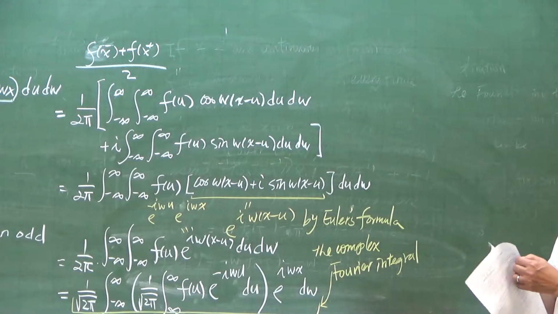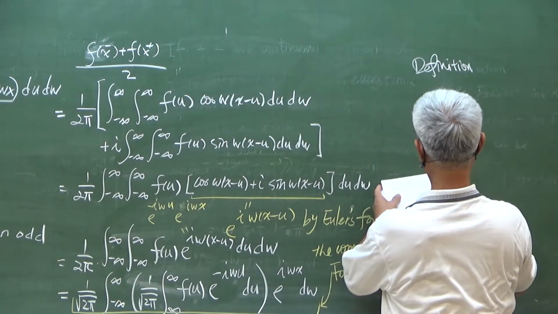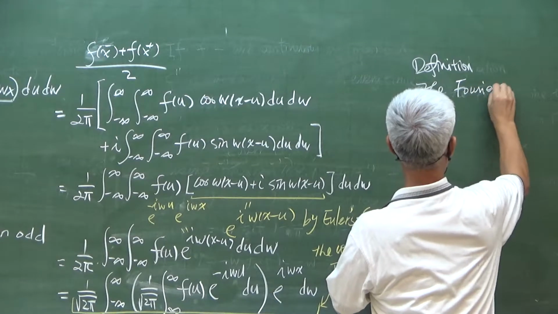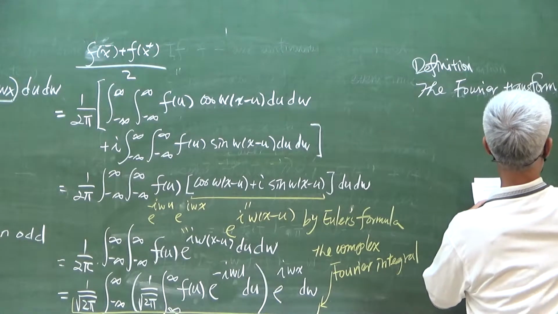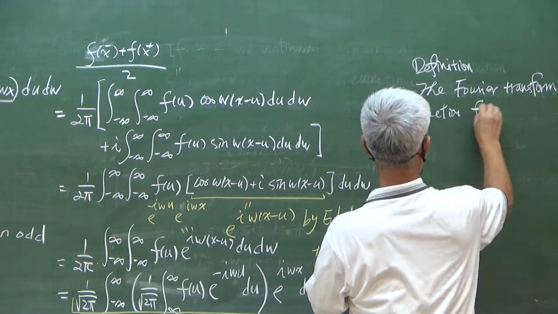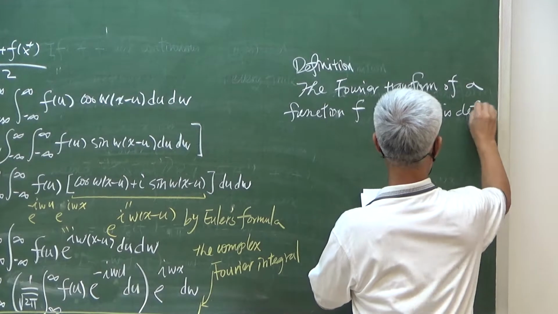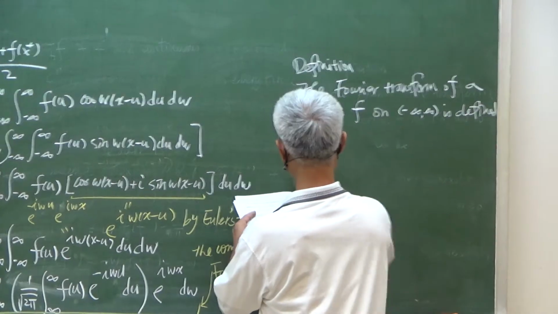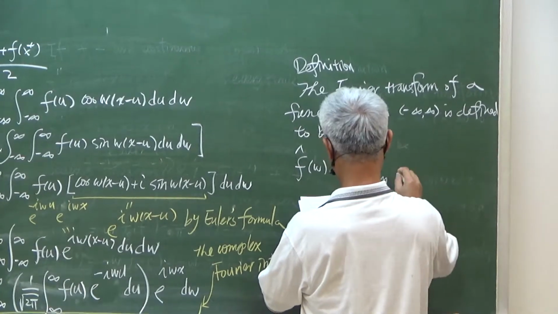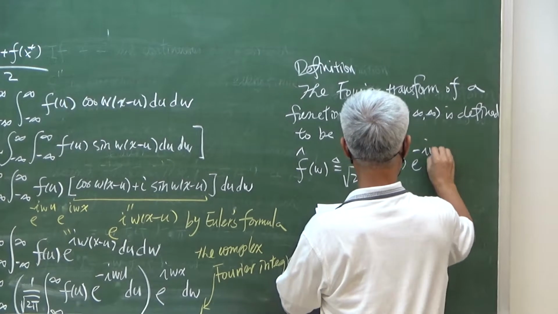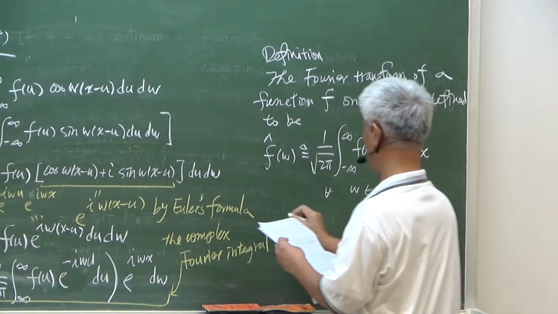So now we define the Fourier transform of a function f defined on the real line to be: here F hat of w is defined to be 1 over square root of 2 pi times the integral of f of x e to the minus i w x dx, for all w where it will exist.